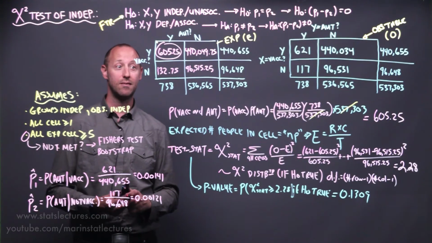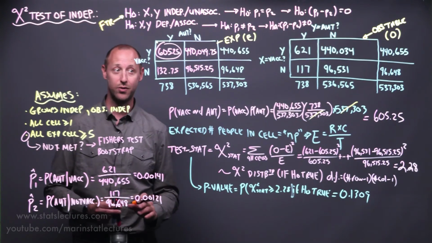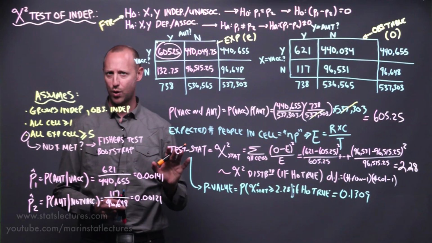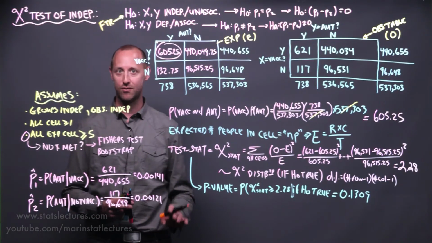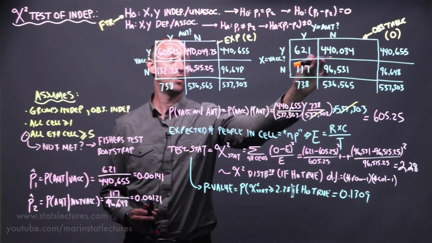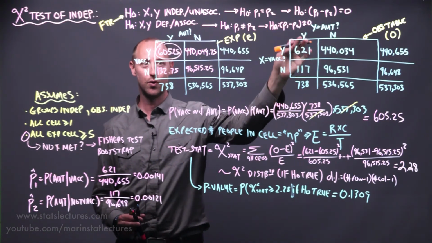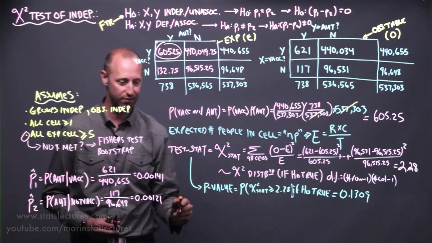Another note worth mentioning, there's this idea of continuity correction. It's called Yates continuity correction. I'll give a very quick intuitive explanation of what that is. The idea is that here our counts are on a discrete level. We have 1 person, or 2, or 3, or 4 in each cell of the table.